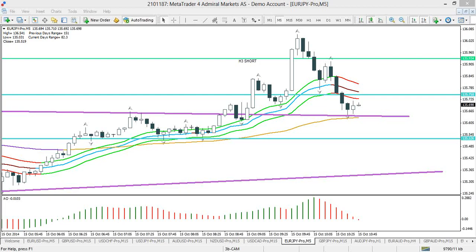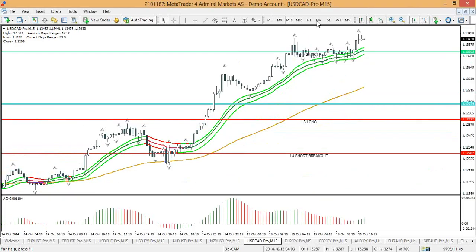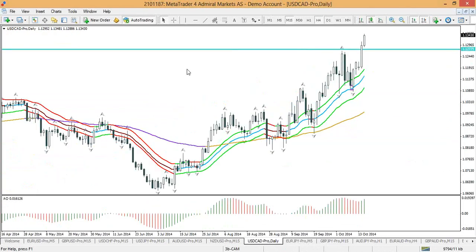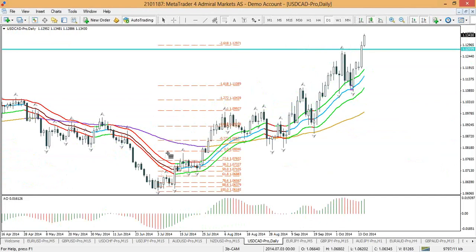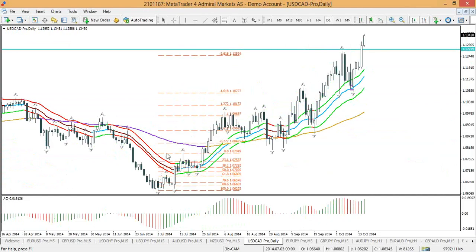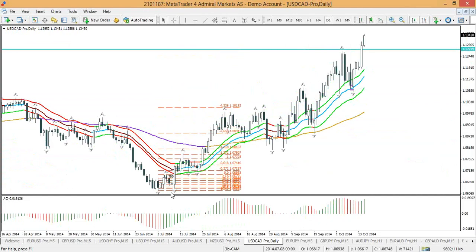Any questions on any particular strategy, maybe, by any chance? We could take a look at the dollar CAD and see where the main target is. Regarding using fibs, let's see. We would start from the bottom, fib to the very first resistance. Now take that fib and move it along.